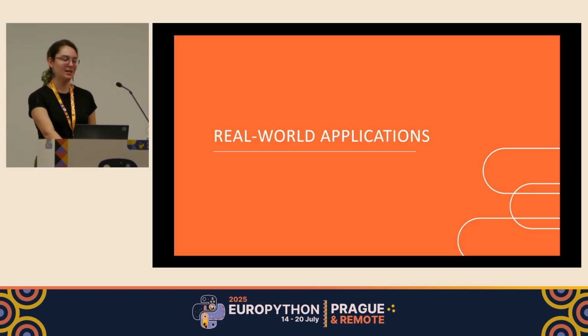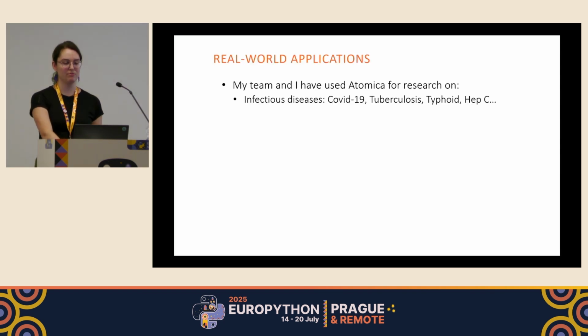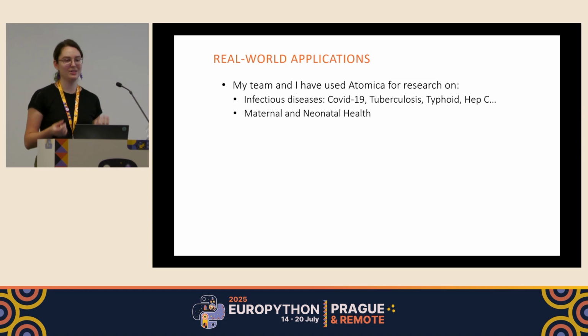So now I want to look at some real-world applications of this work and of Atomica. Recently, my team and I have used Atomica for research on obviously infectious diseases, such as COVID-19, of course, tuberculosis, typhoid, hepatitis C, and others. We've also used it for maternal and neonatal health. This is a project that I'm on right now, which I find really interesting.